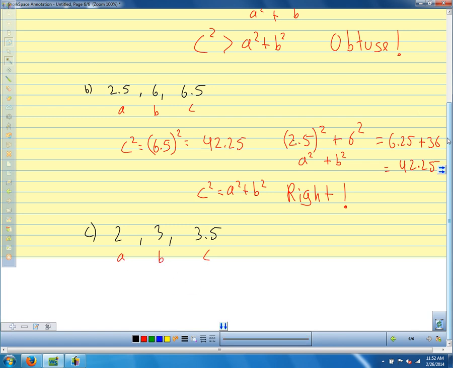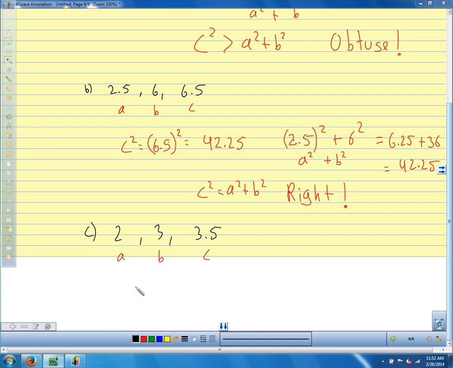So we try A squared plus B squared, see if it's C squared. So C squared is 3.5 squared, and that's 12.25. 2 squared plus 3 squared, that's A squared plus B squared.